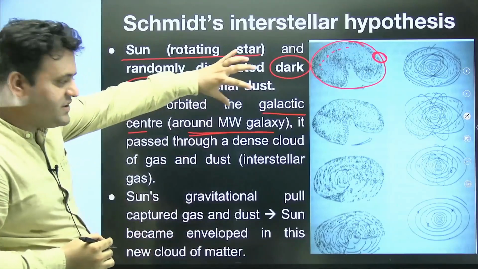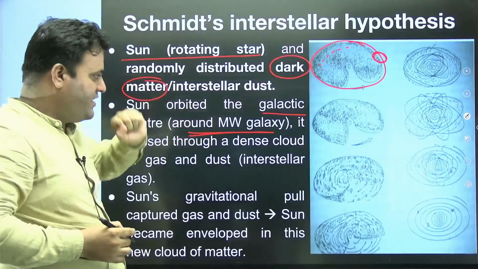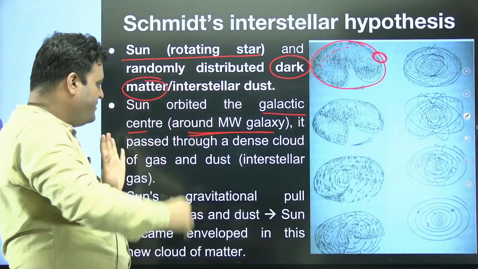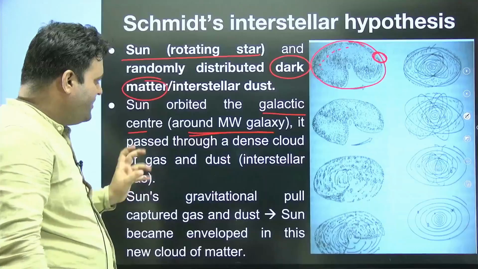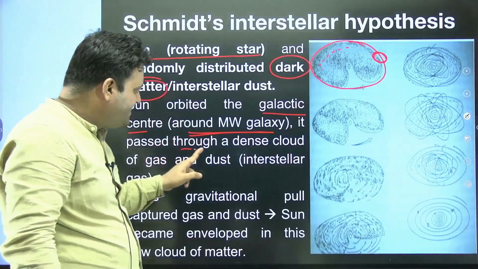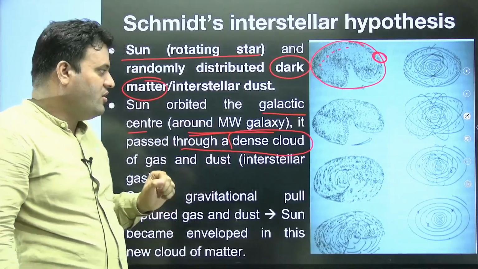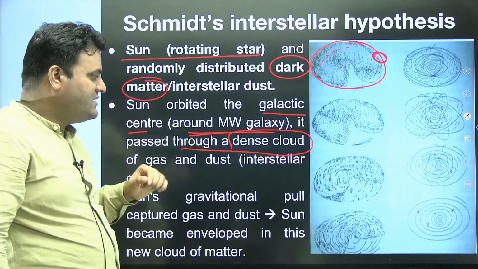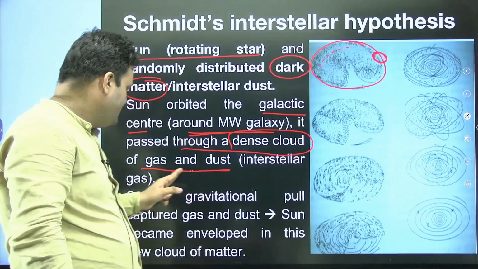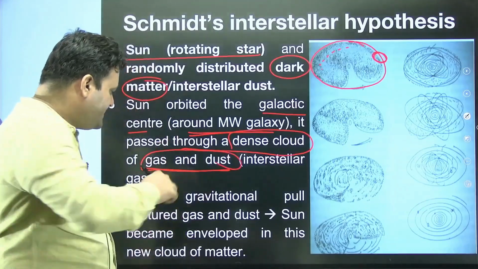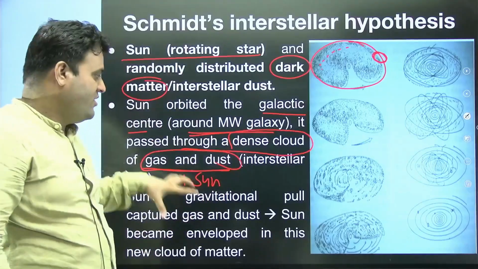When the sun was orbiting the galactic center around the Milky Way galaxy, it passed through a dense cloud of interstellar material, or interstellar gas. So this gas and dust plus the sun, there was an encountering of these three.